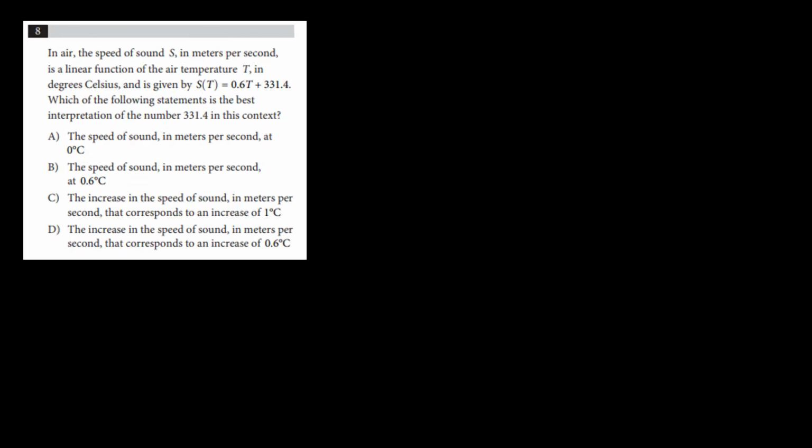In the air, the speed of sound is measured as a linear function of air temperature T in degrees Celsius, and is given by S of T equals 0.6T plus 331.4. Which of the following statements is the best interpretation of the number 331.4? So if we have S of T, we're going to have temperature in degrees Celsius.